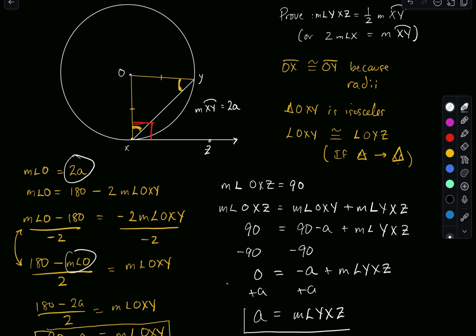So let's take a look at a secant-secant proof. So if I have a circle here, and let's just quickly draw two secants. And I'm going to label these.